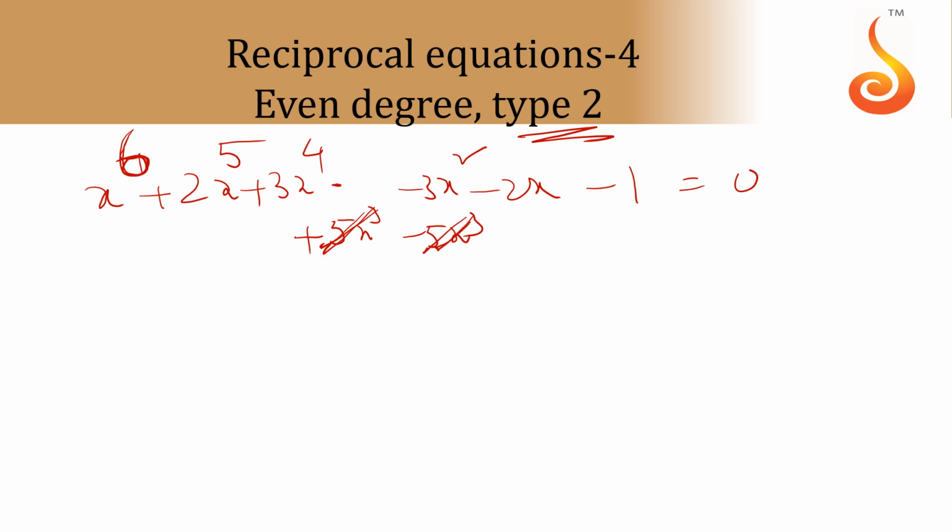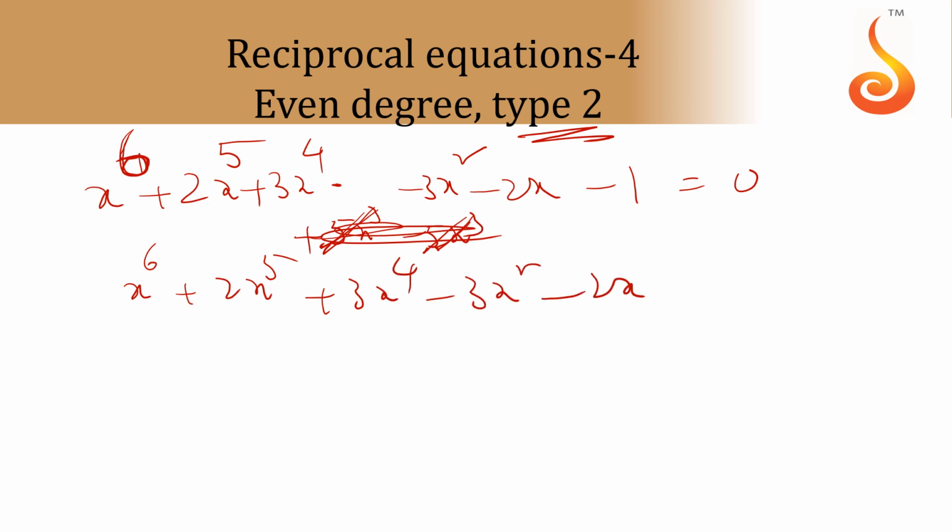Now please observe carefully. So our equation is x power 6 plus 2x power 5 plus 3x power 4 minus 3x square minus 2x minus 1 equal to 0. So if you observe carefully, x equal to both plus 1 and minus 1 will satisfy this equation. Now compulsory solutions are 2.